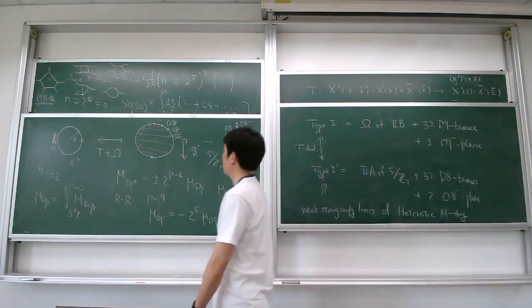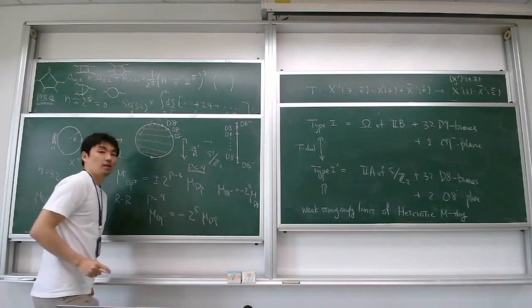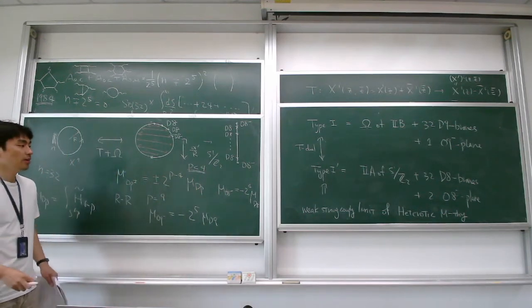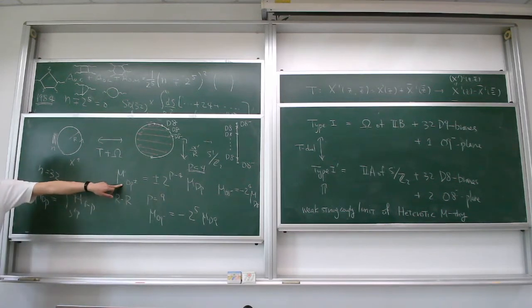And then one may wonder, what happens when p is less than 4? It becomes fractional, to cancel the Op plane.